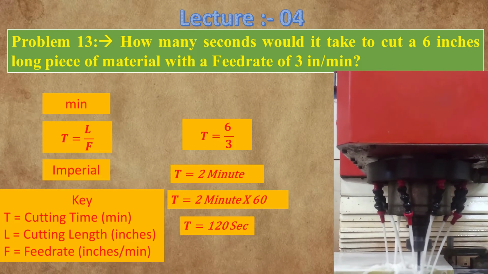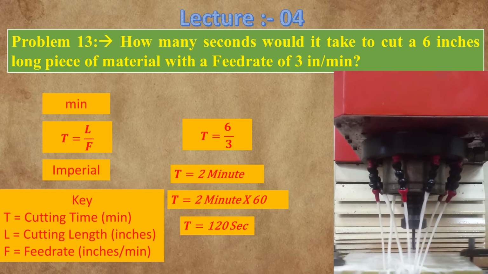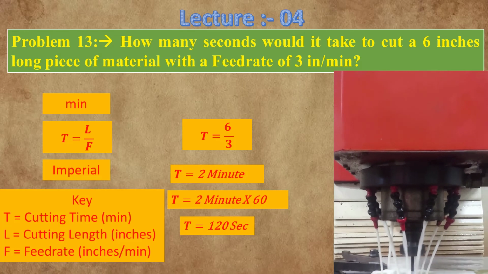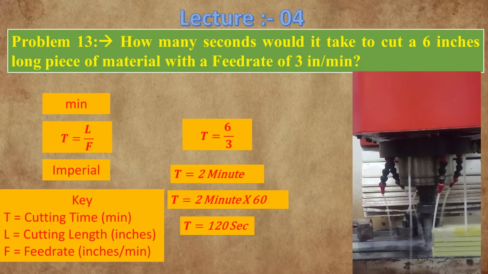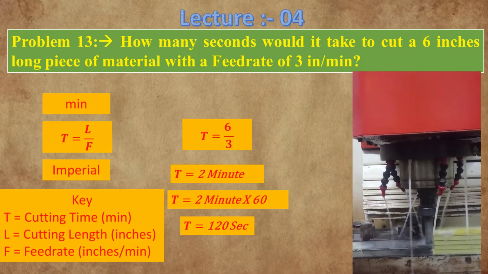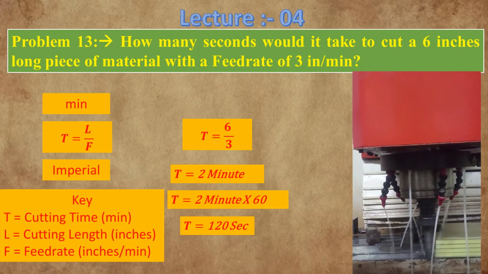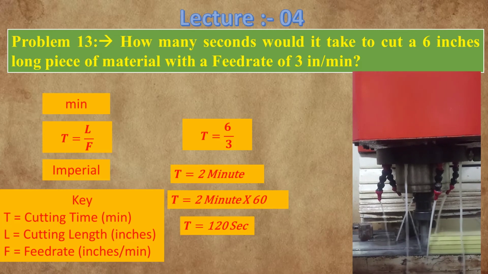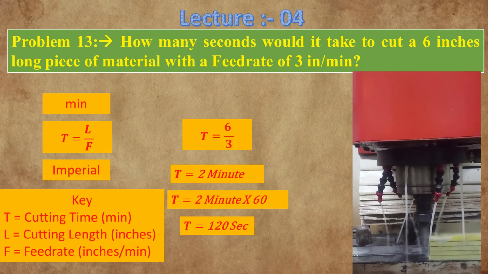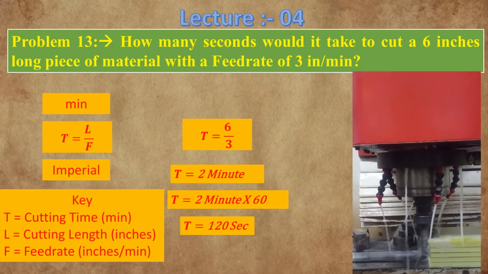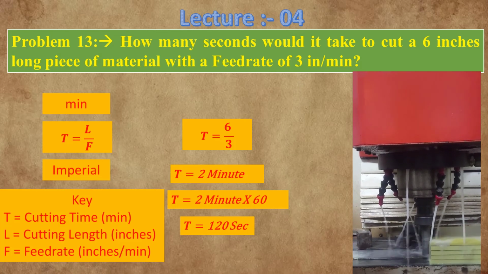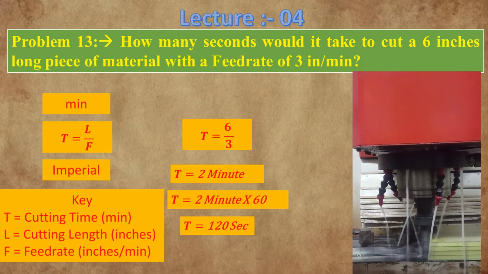We can almost see what the answer is here without a calculator. So T would equal 2 minutes exactly. Now if we wanted that in seconds, again we would just times the answer by 60, and that will give us 120 seconds. So that is how we do cutting time equations and calculations. So that is how we convert our feed rate and cut length into time.